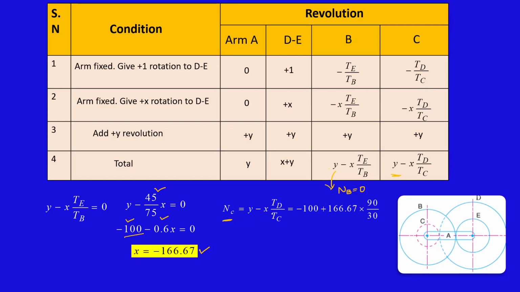NC equals y minus x TD by TC, that is minus 100 minus the quantity minus 166.67 times 90 by 30. You will get 400 RPM. Here the plus sign represents counterclockwise. Minus means clockwise. So finally, gear C makes 400 RPM in the counterclockwise direction.